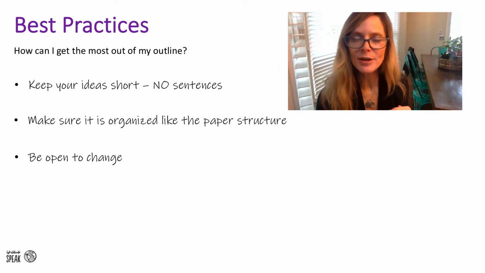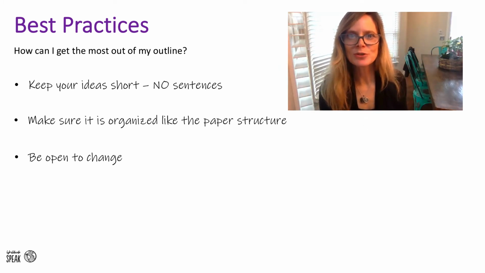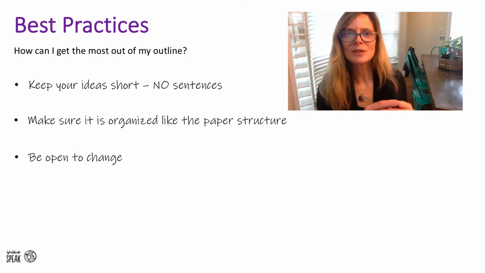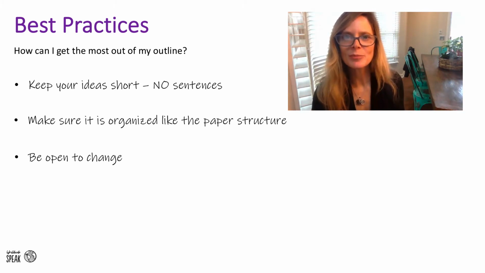It actually makes you a better writer because you're able to keep your structure but be flexible maybe with your reasons and your examples so you know exactly where you're starting your paragraph and where you're ending your paragraph, or if you're writing an essay, where you're starting and where you're ending. So just remember, your outline is there to help you organize your thoughts, but it's not such a permanent structure that you cannot change it.